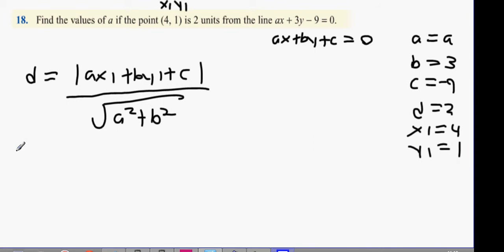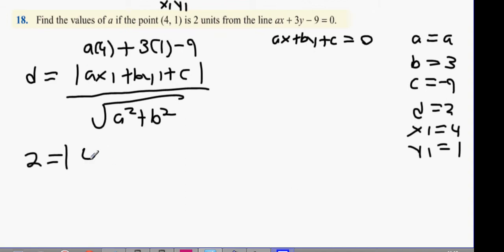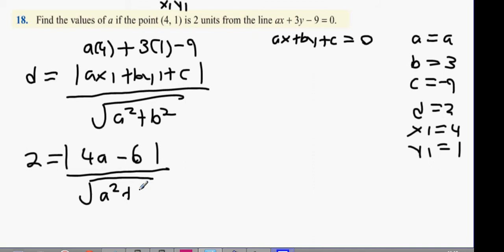Plug everything in. 2 therefore equals a times x1, I'll just tidy up here actually. It's going to be a times 4 plus b times y1, 3 times 1, plus c, which is minus 9, and that's going to get us 4a minus 6, all divided by the square root of a squared plus 3 squared, which is 9.